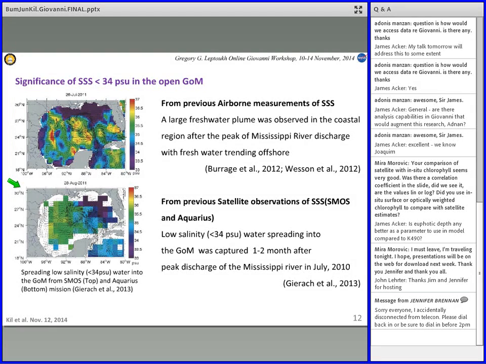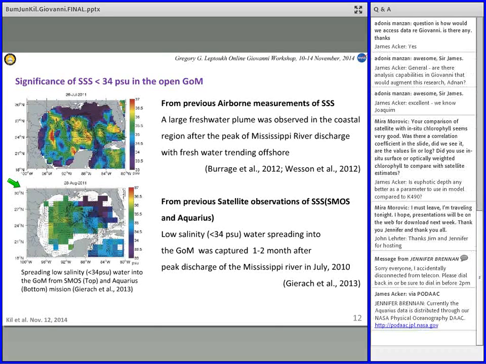Yes, the Aquarius satellite still has some difficulties because of its coarse resolution and also time, so around 1 week is needed to measure the whole region. But we can measure this kind of low salinity events because it has the same sensor, same measurement pattern as the SMOS.